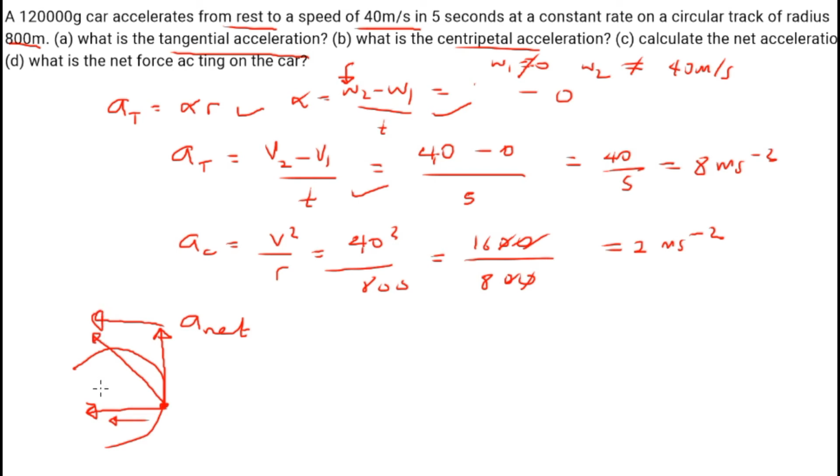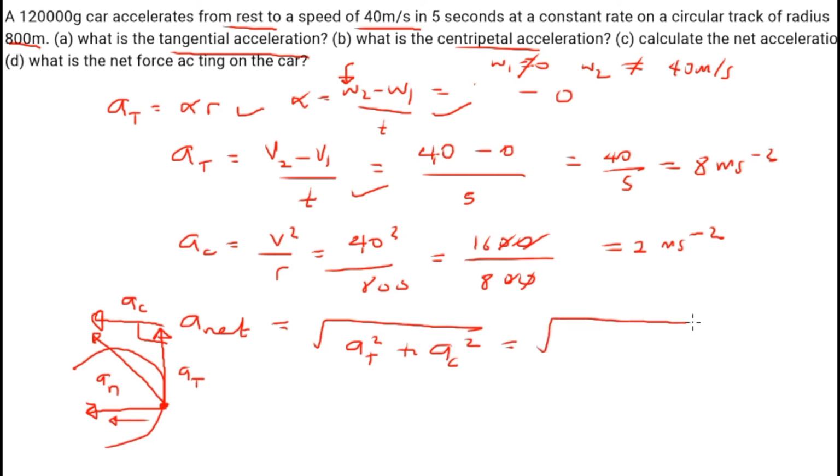If I call this the net acceleration, this the centripetal acceleration, and this the tangential acceleration, I can find the net acceleration using the Pythagorean theorem because it forms a right angle triangle. The net acceleration is equal to the square root of tangential acceleration squared plus centripetal acceleration squared.